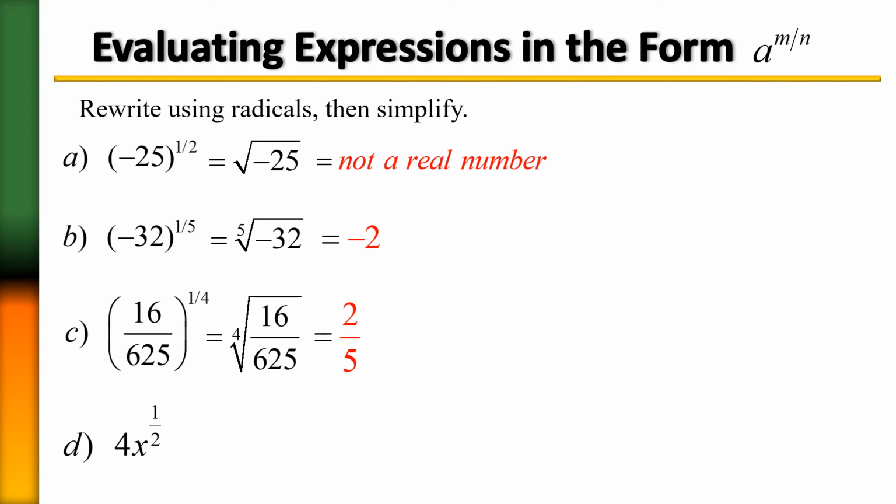So we can only rewrite the x as a radical, and because it has a 2 under the bottom, that's square root. So it's just simply going to be the square root of x times 4. So the 4 is going to be on the outside. And there you have it. 4 times square root of x.